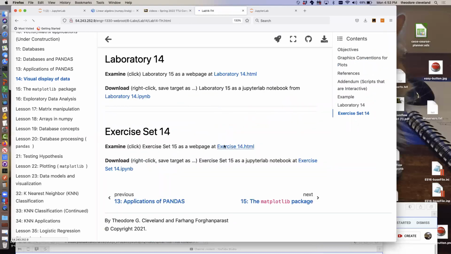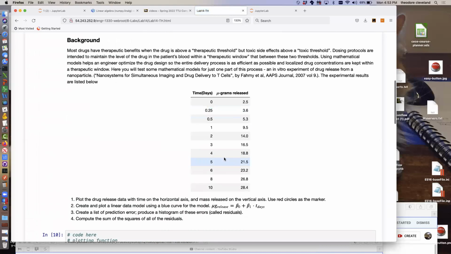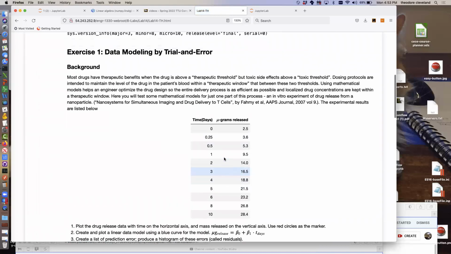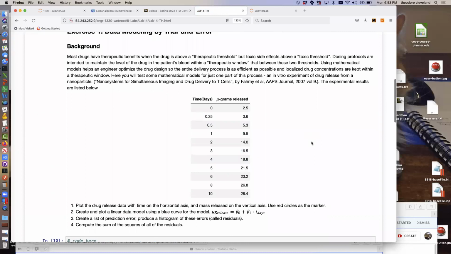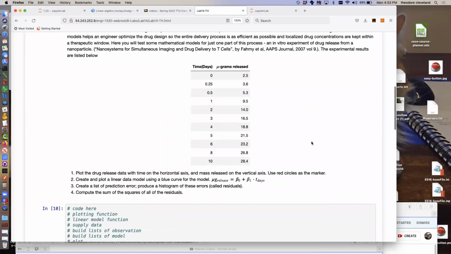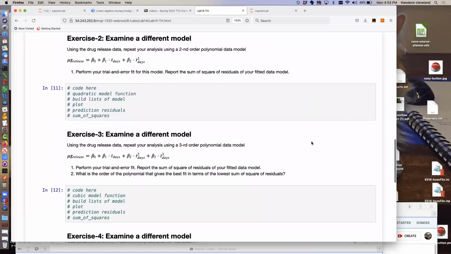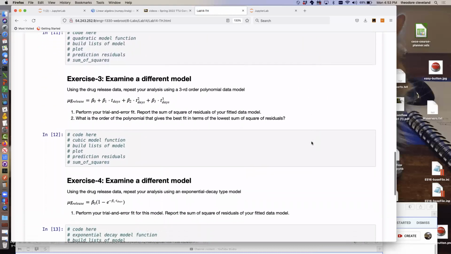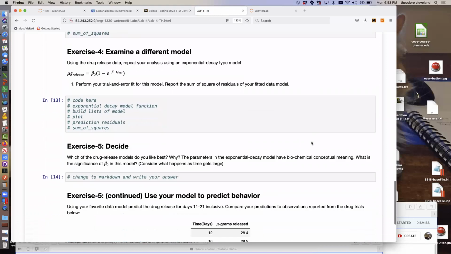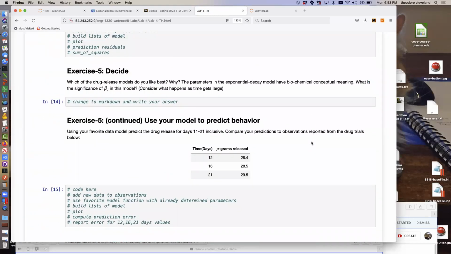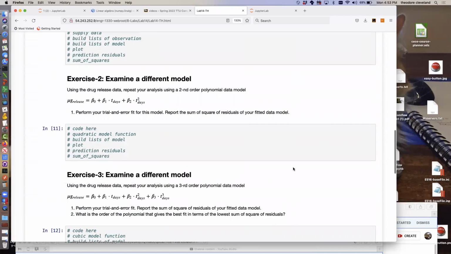And then you have a homework assignment, which is a different set of data. This is where you get to go design a proper therapeutic drug threshold. So you have to decide if the linear model or the quadratic or a cubic or a power law model is the best way to dose yourself. And then once you've picked your favorite model, go ahead and dose yourself with this particular drug.